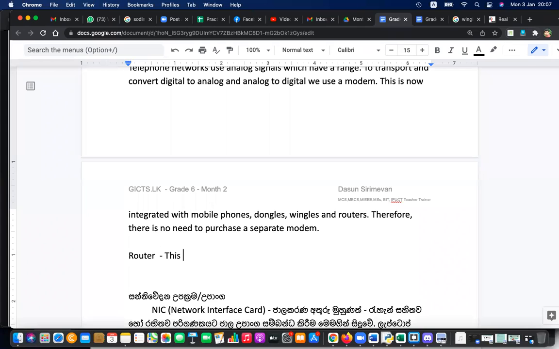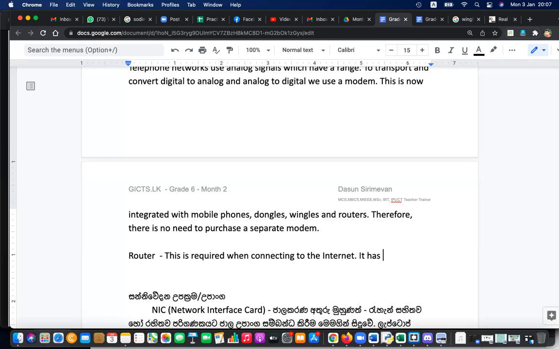This is required when connecting to the internet. As I said, the internet is the big brother of network, right? This is required when connected to the internet.